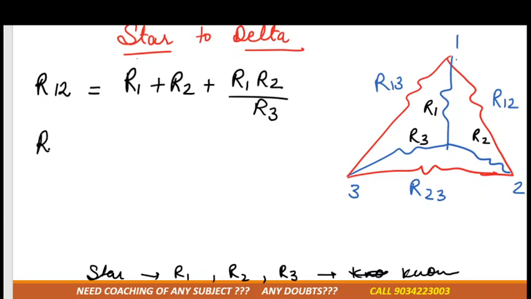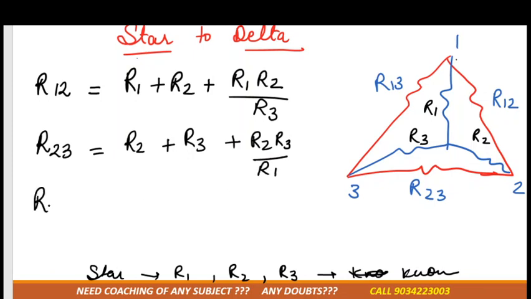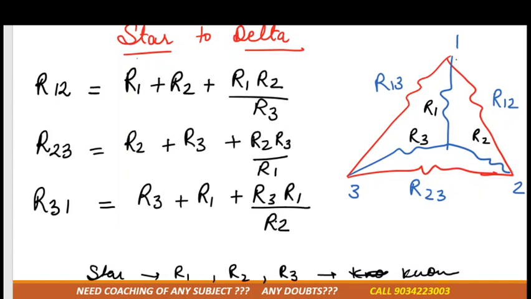Similarly for R23: R2 plus R3 plus R2 multiplied by R3 divided by R1. Similarly for R31: R3 plus R1 plus R3 multiplied by R1 divided by R2. So these are the formulas for star to delta. You don't need to cram them, you can directly remember them. On the basis of this, we'll do some questions also. Understood?